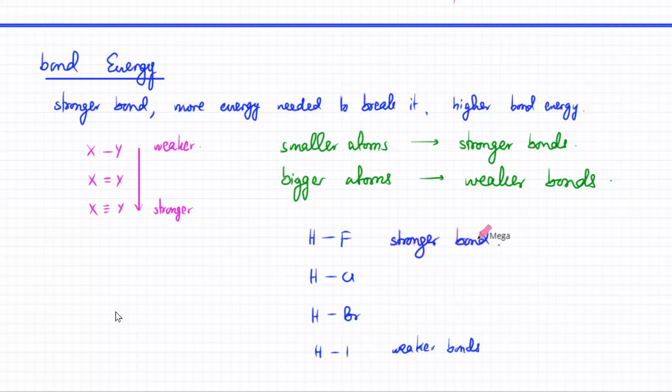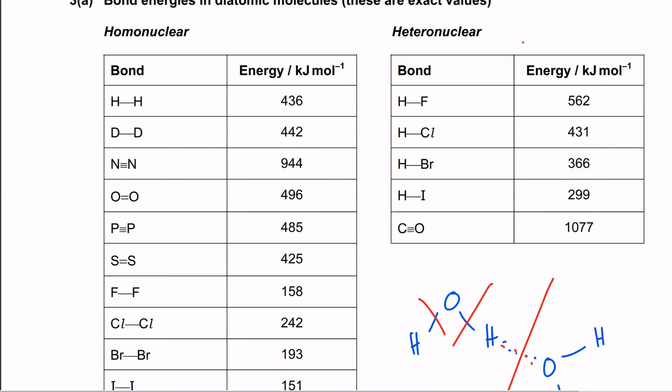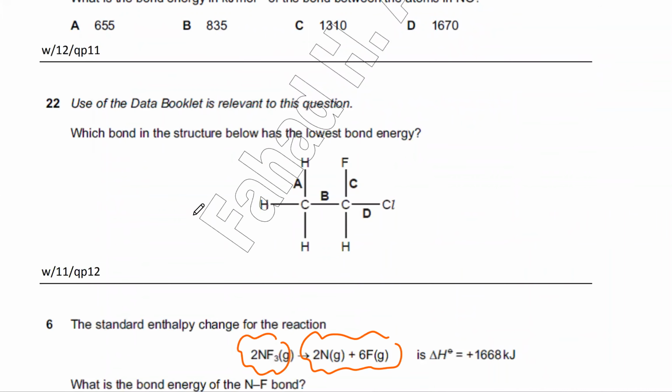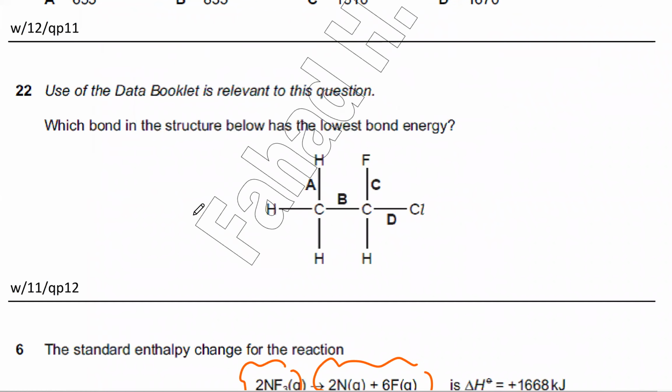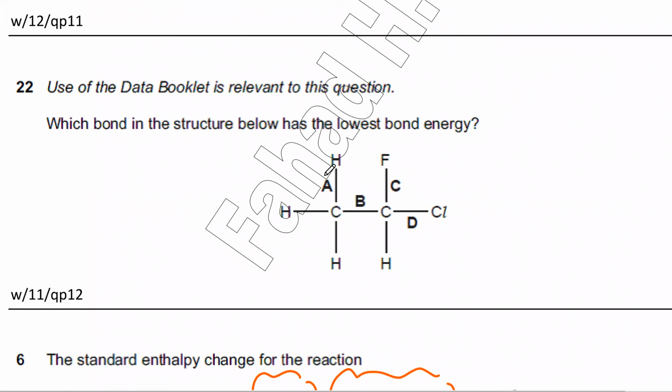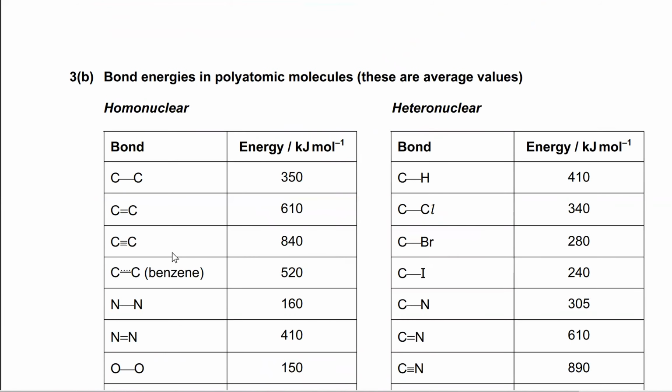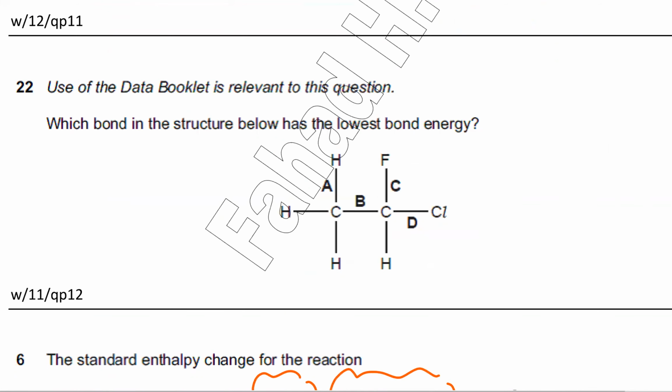For example, in this worksheet, there's a question which was talking about bond energy. It was asking which one is the strongest bond. If you look at the data booklet, A is the C-H bond. C-H is given over here, that's 410.